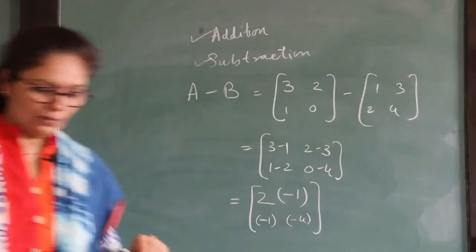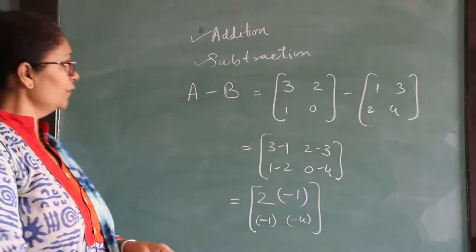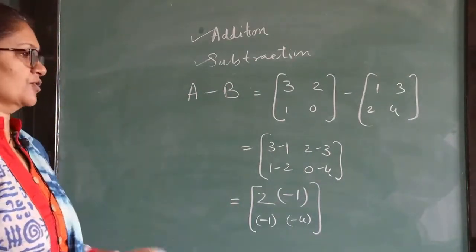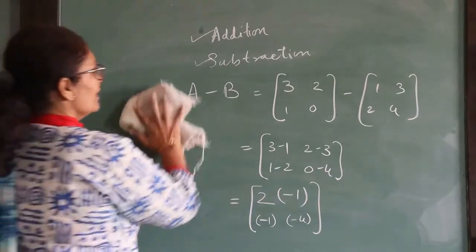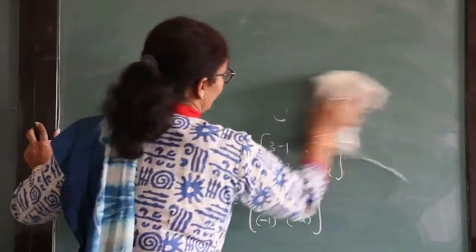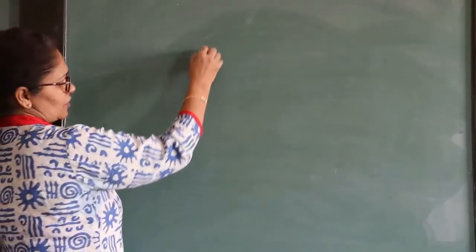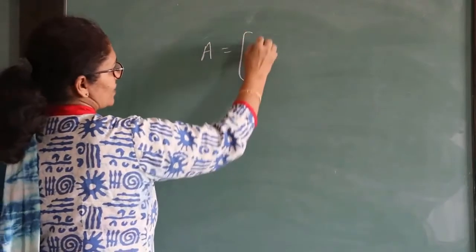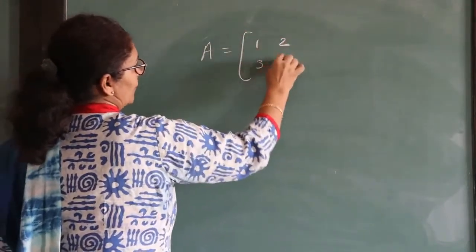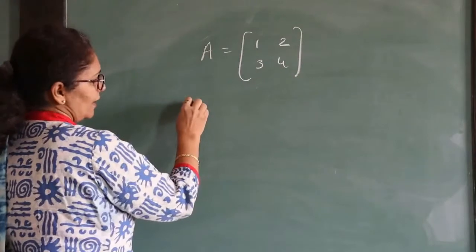First two things we have completed, that addition of two matrix and subtraction. Now we will discuss our next topic, that is the multiplication with scalar. You all are familiar with scalar. Scalar means what? Suppose I have written one matrix A, 1, 2, 3, 4. Now multiplication with scalar means what?